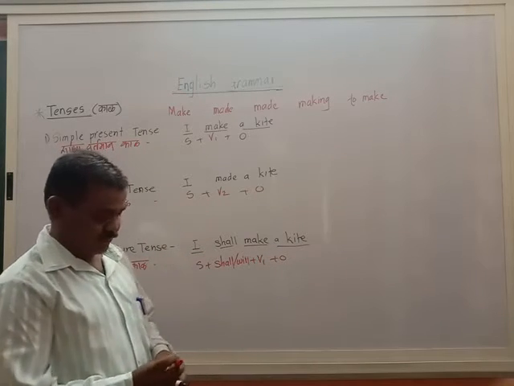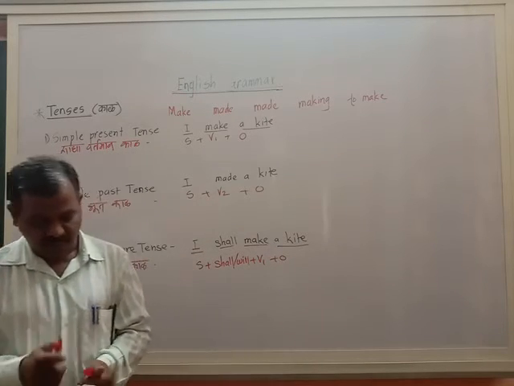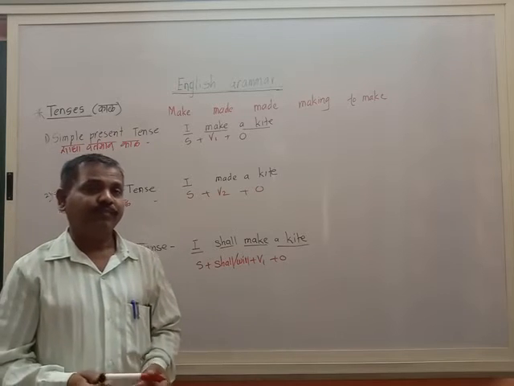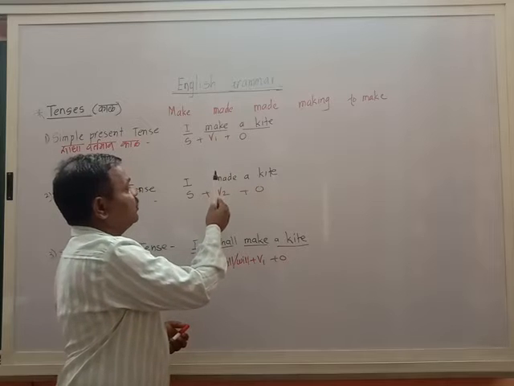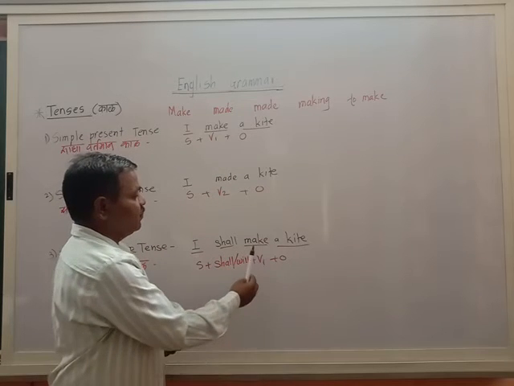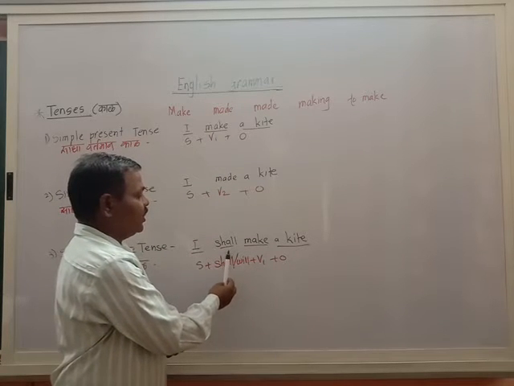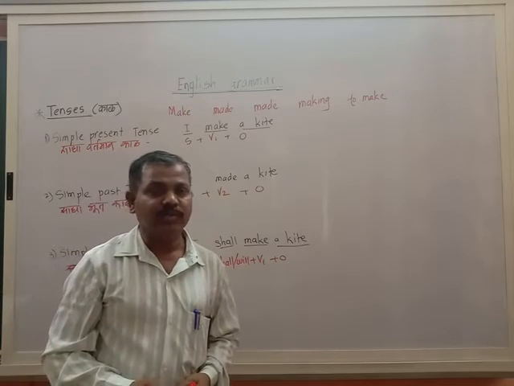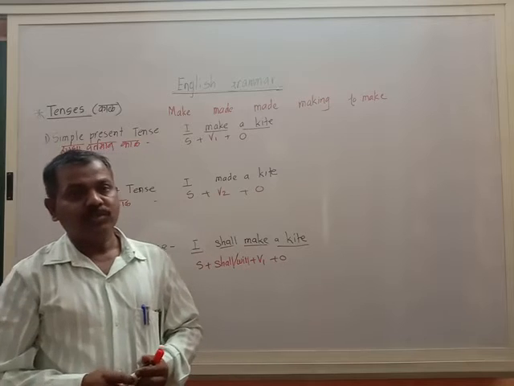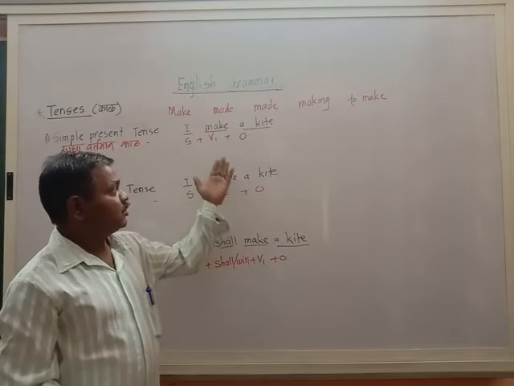See the changes. Observe them very well. So first change is here, V1 simple present, V2 simple past. V1 is the same, but here shall or will, that is modal auxiliary, is used in the simple future tense. So these are the structures.